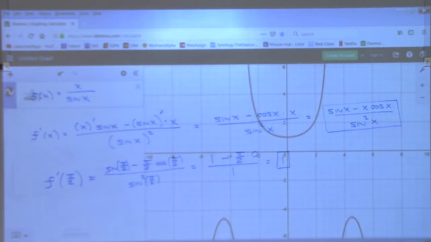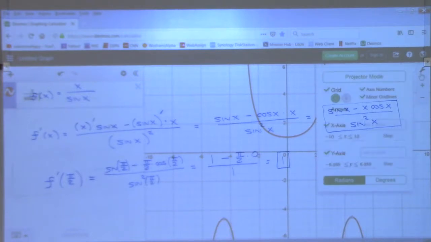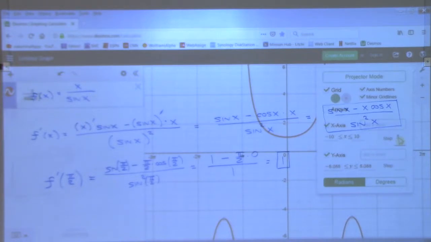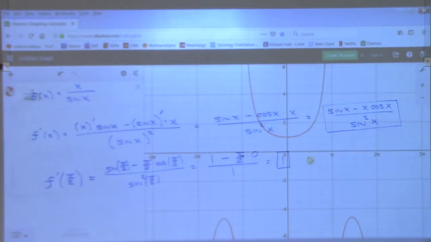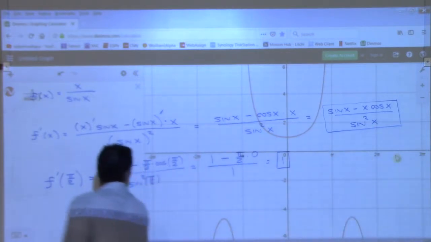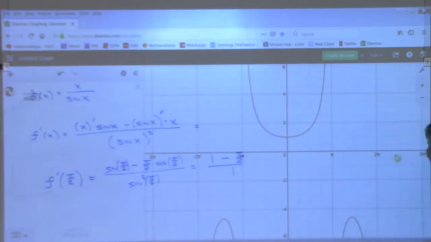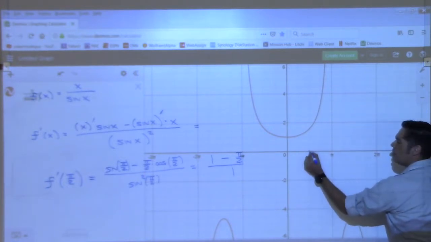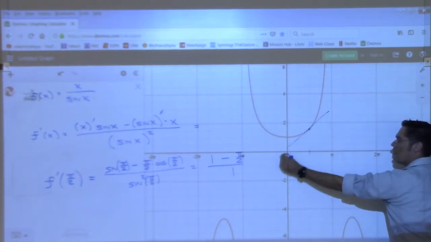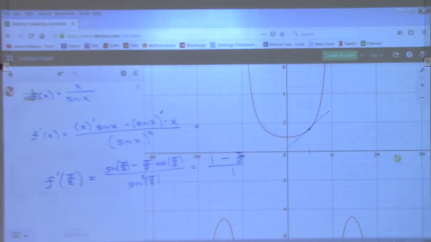There it is. The red is my original function. Here's pi. Here's pi over 2. If I go up, the slope of that tangent line is 1. All right?